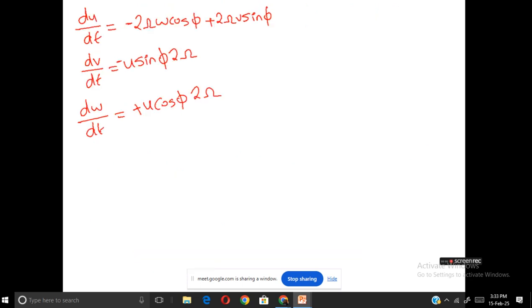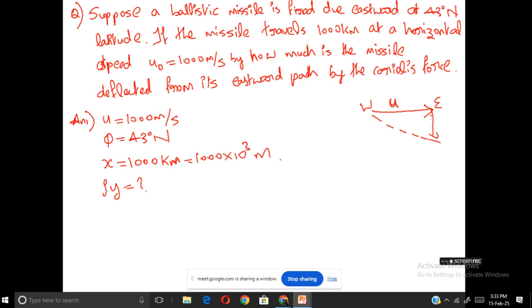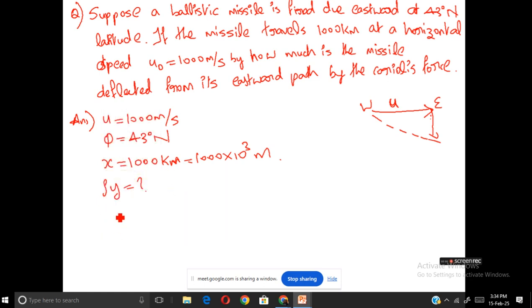We will be considering the equation dv by dt, which is equal to minus 2 omega u sine phi.